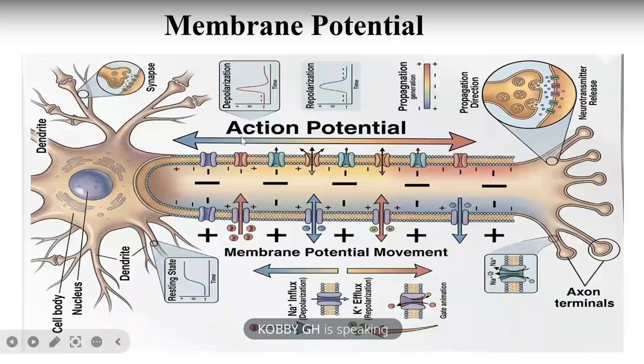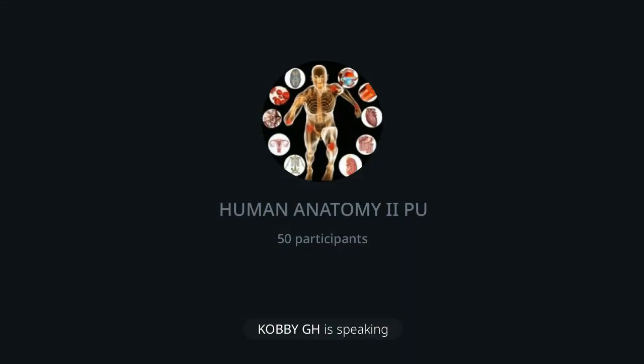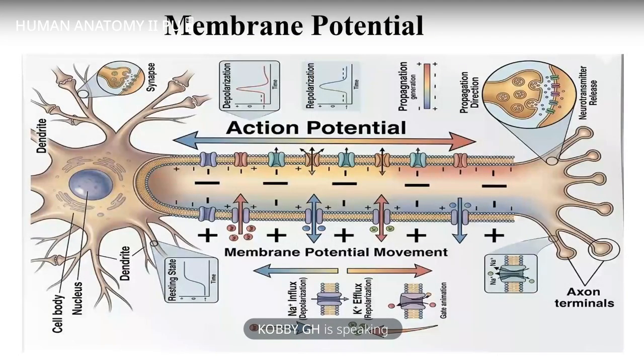Once it gets to this point, the positive outside also moves inside, the negative moves outside, then the impulse continues. So you agree with me that for the impulse to move along the axon, there should be an exchange in the charges across the membrane.